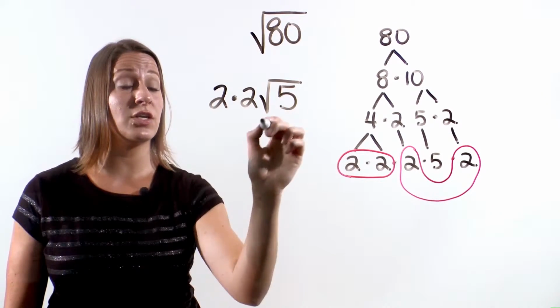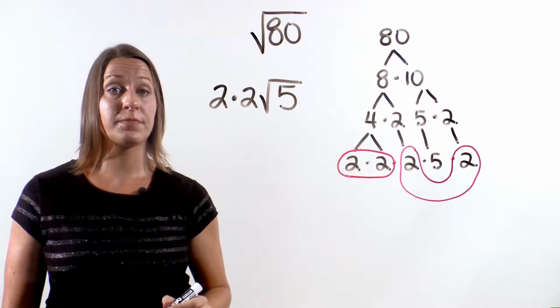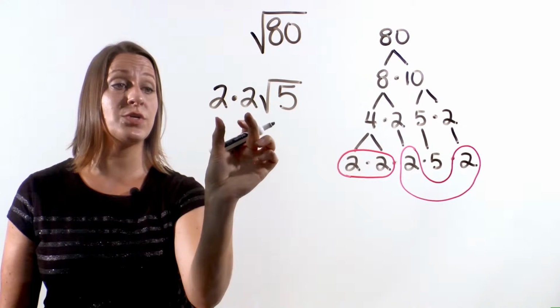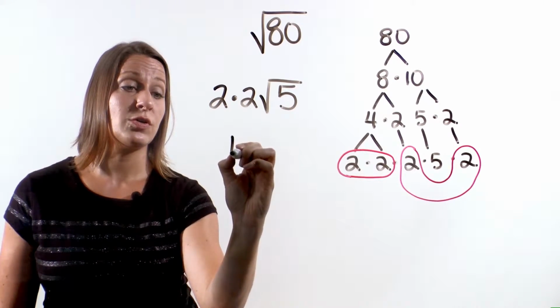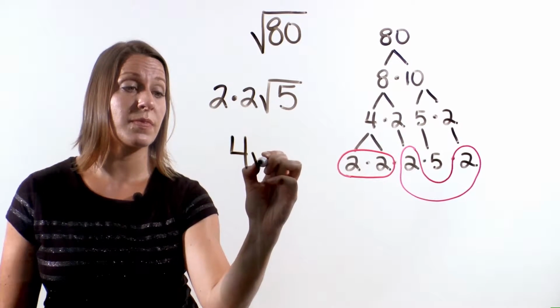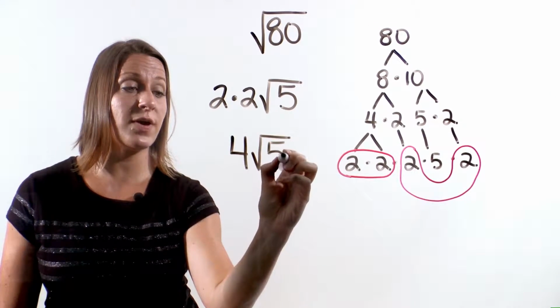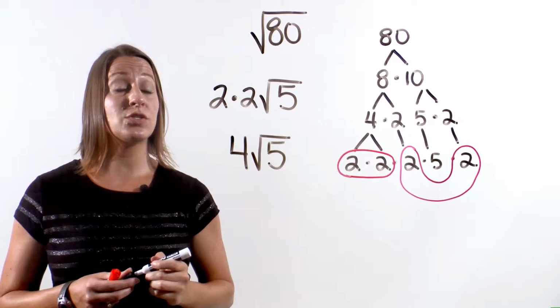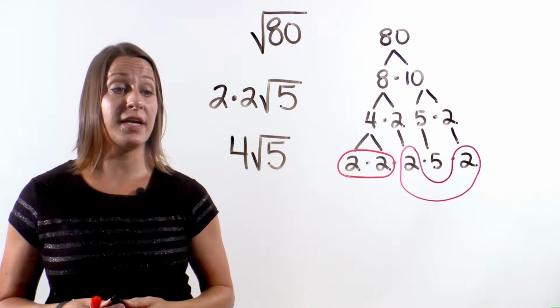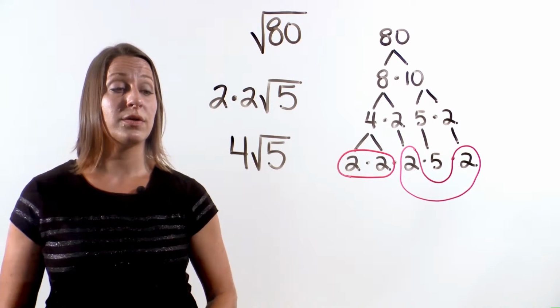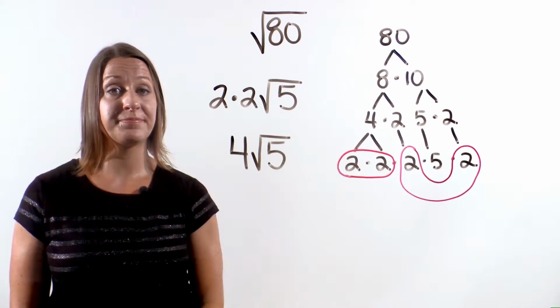So the 5 is going to go on the inside. The last step is to multiply 2 times 2, which is 4. And we're going to keep our radical 5. So the square root of 80 is best simplified as 4 times radical 5.